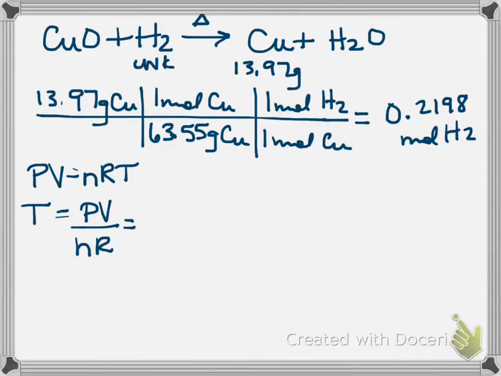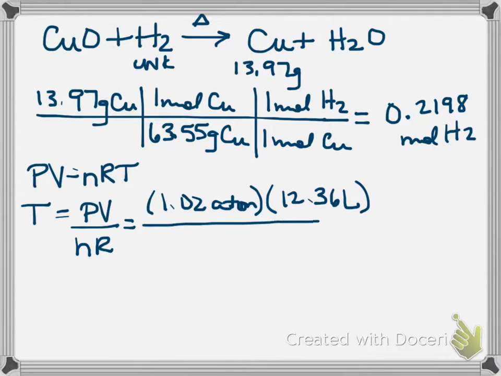So for PV over nR, we said that the barometer read 1.02 atmospheres. I had 12.36 liters as my volume. I now know that that also corresponded to 0.2198 moles.